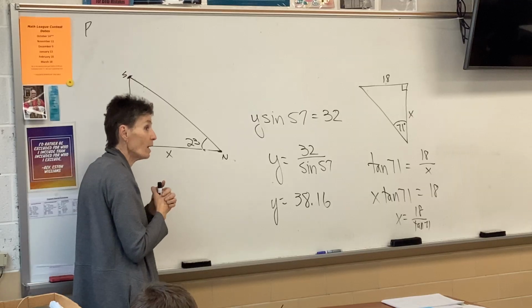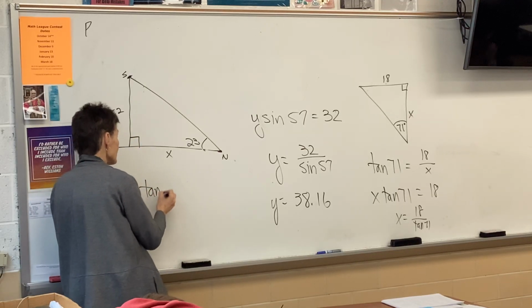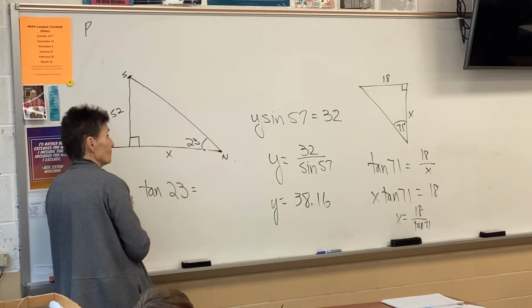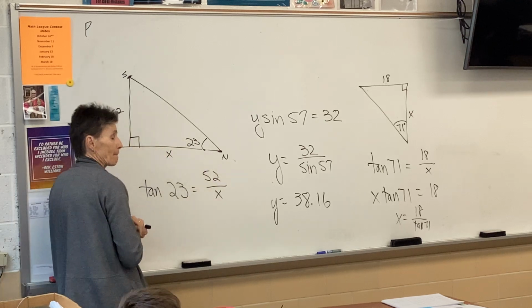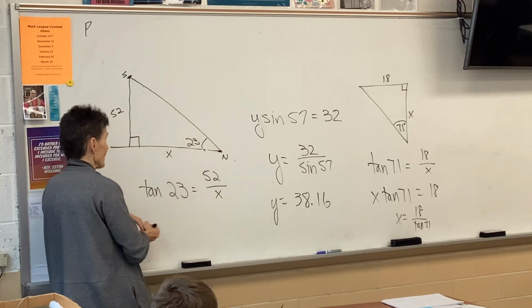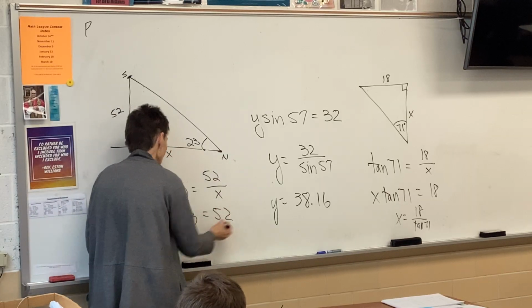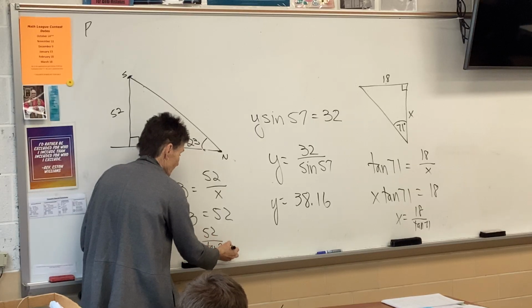TOA, tangent. So the tangent of 23 will equal what? 52 over x. x tan 23 equals 52, and x equals 52 over tan 23.